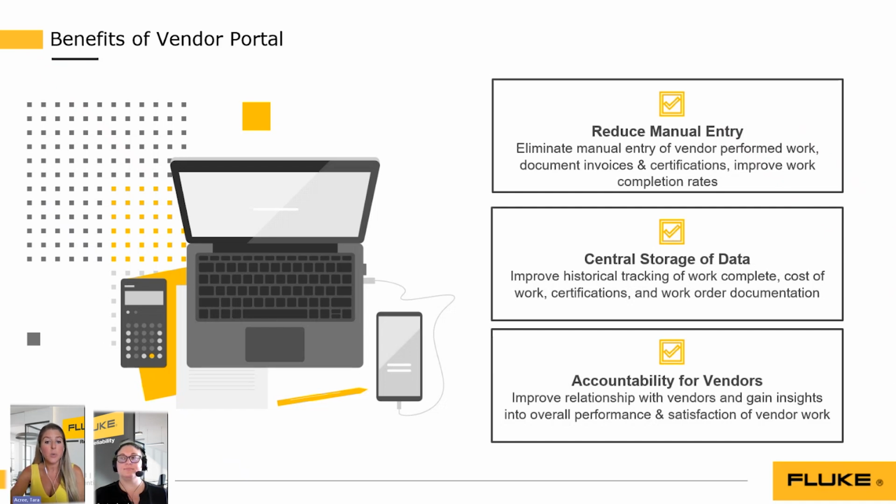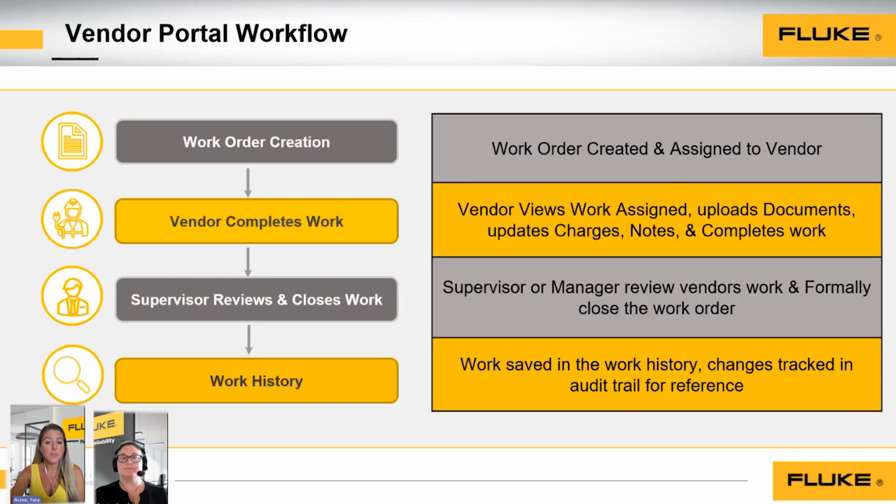The first item is a work order created. Work orders can be created either through corrective work orders or preventive maintenance task generating, and then it's assigned out to a vendor or a contractor. At that point, your vendor will receive a notification of the work assigned. They can log in to see the work that's assigned to them. They can upload any documents, any notes, comments, or even add service charges directly to the work order.